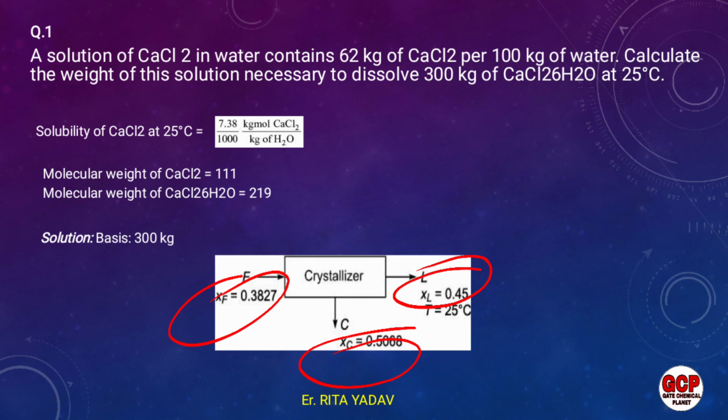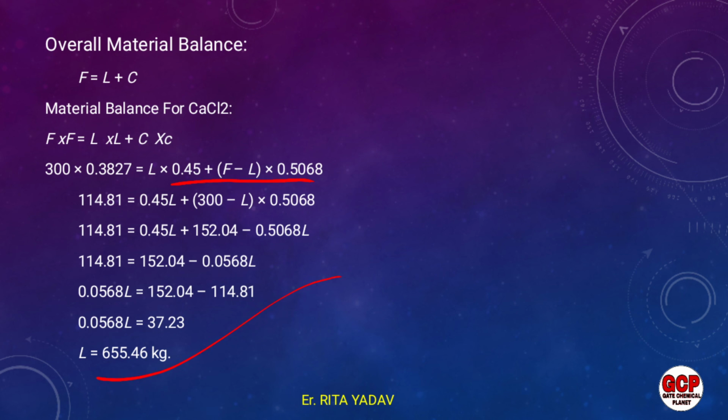So finally we are getting the value of L. After calculating, we are getting 655.46 kilograms of liquid solution required. Okay, so it is a very simple question based on solubility.